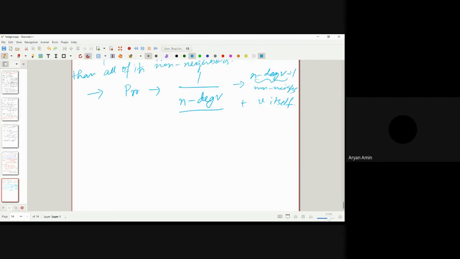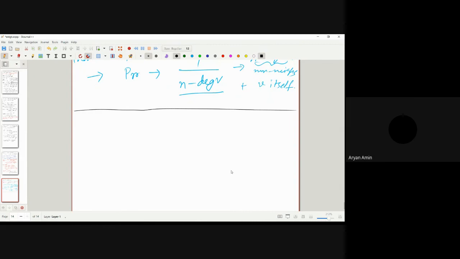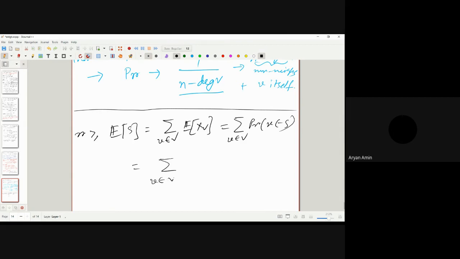Okay, let's move on. So now we came to the conclusion that R was at least the expected value of S, which was the sum over v belonging to V of the expected value of X_v, which was the sum over v of the probability that v belongs to S, which was, as we just found, the sum over v belonging to V of 1 by n minus degree of v.